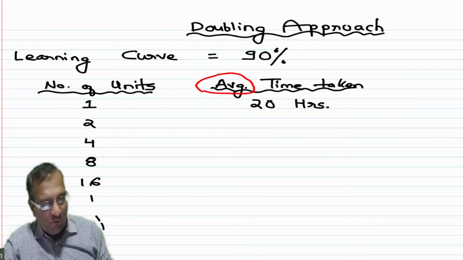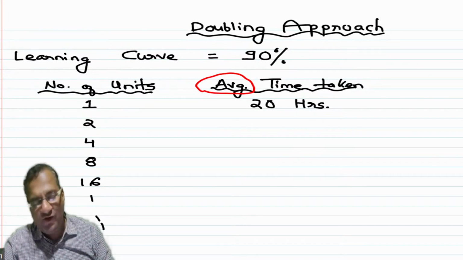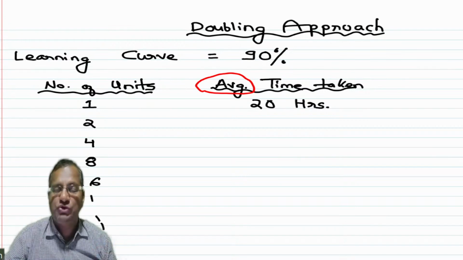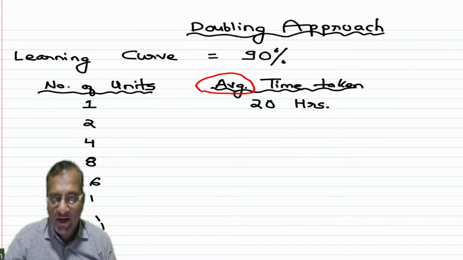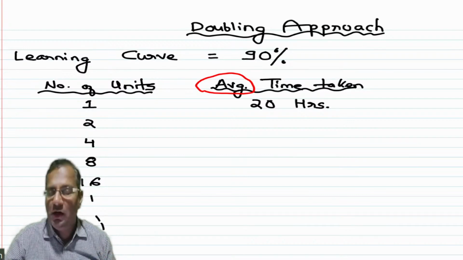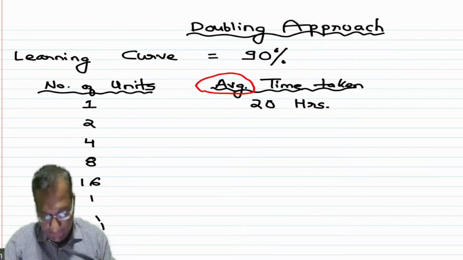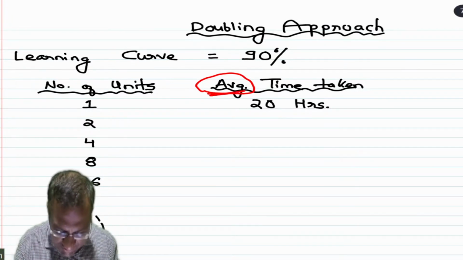Whatever detail you require, you have to compute separately. But the answer provided by the doubling approach or the formula approach will always be the average time taken. This is the average time taken.